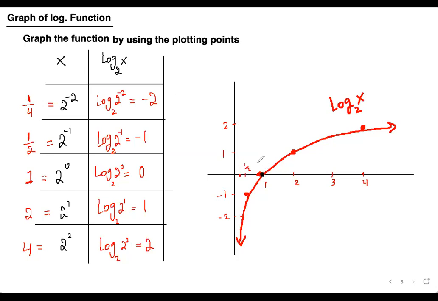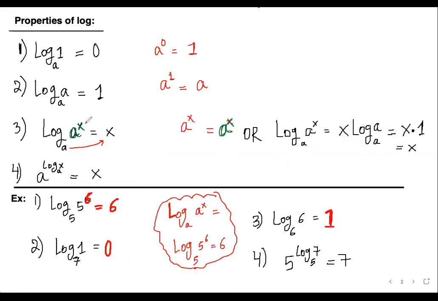Professor, yes, go ahead. I was just waiting to ask this question. How did you get logarithm of 2 to the -2 again? It's the first one, this one. Okay, logarithm of 2 to the -2 with base 2 is equal to -2 by using the property here. Number 3, you see number 3?